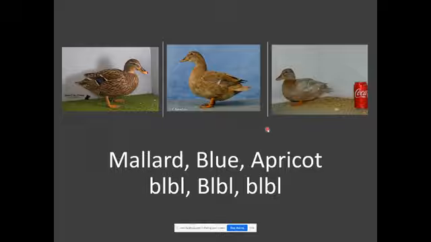So what you can see already is that the way blue affects a coloured bird versus a solid coloured bird has a different effect and is important in how some of these different coloured birds are bred and whether they're going to breed true or not when you mate them together.